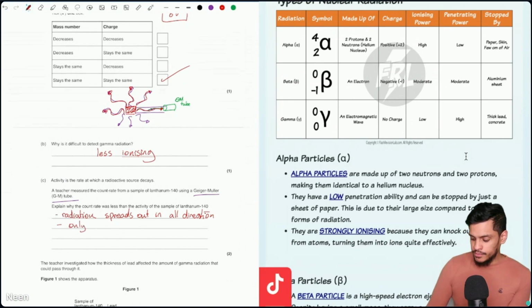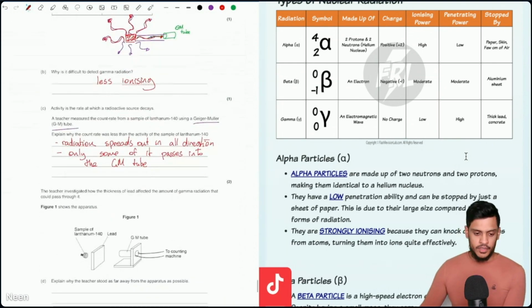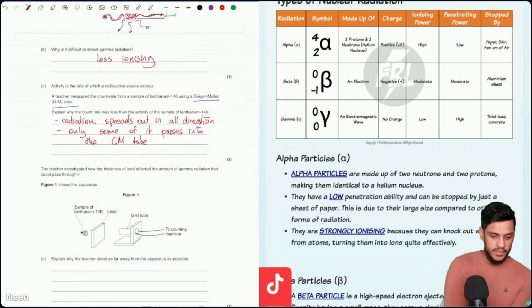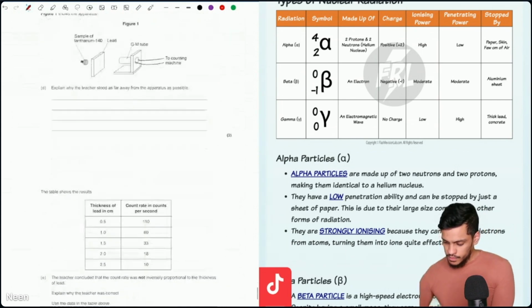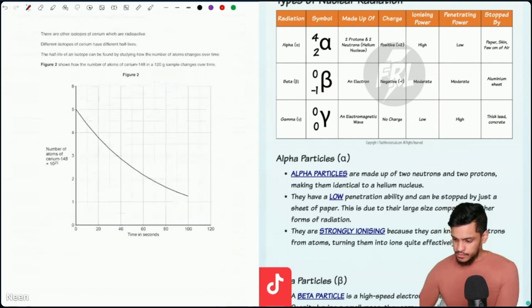Only some of it passes into the GM tube. Hope that makes sense. Again, let me know if that doesn't make sense, I'll explain it again. Let's see how much time we've got left. Okay, we're doing good for time.